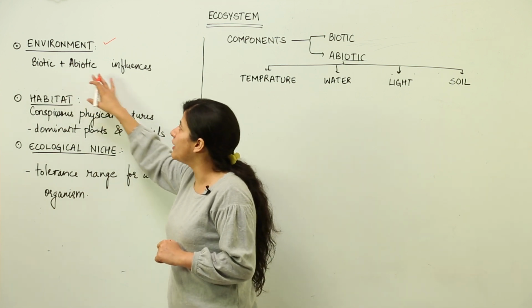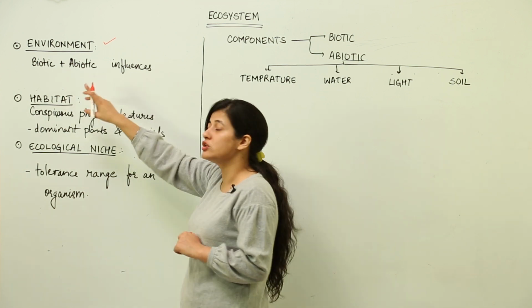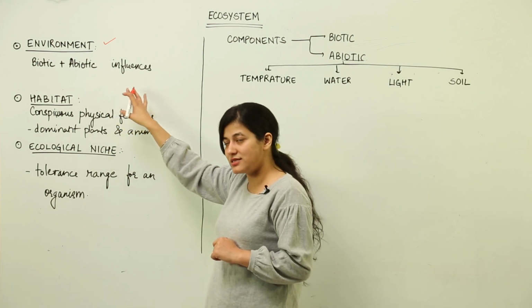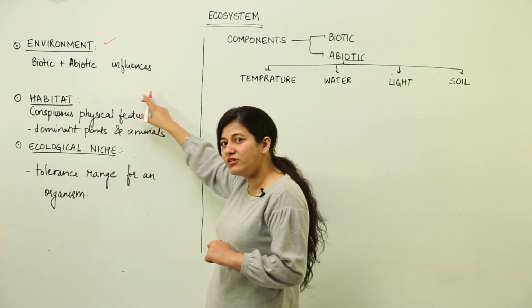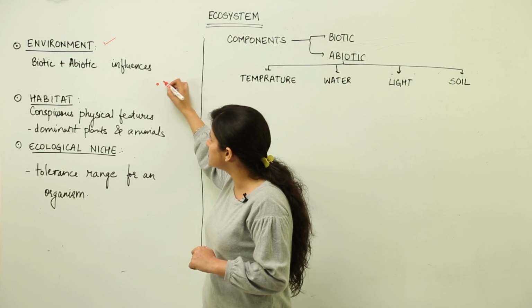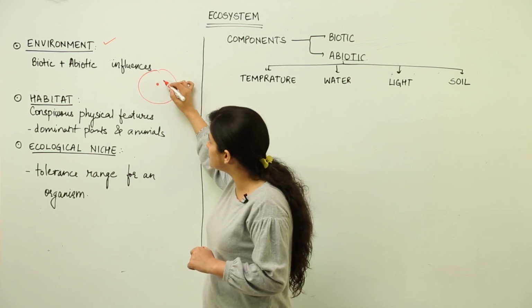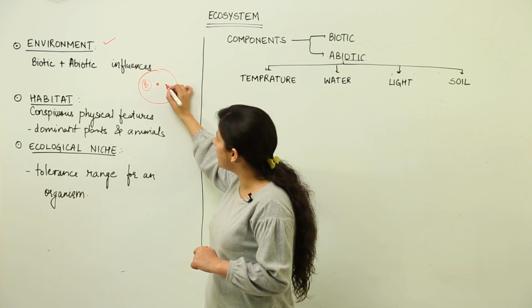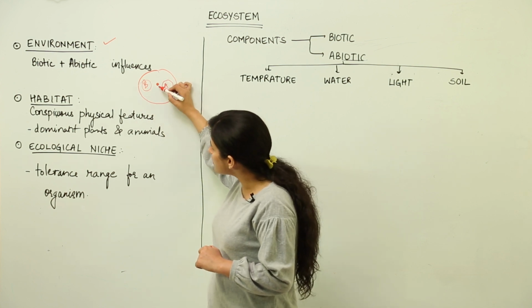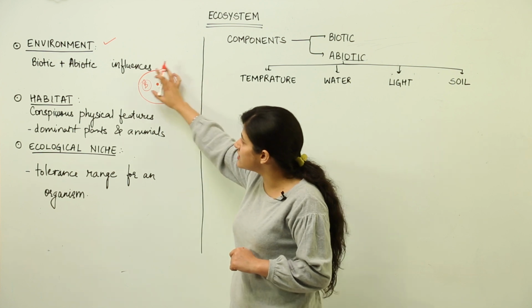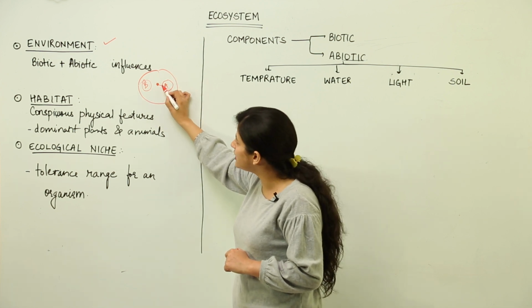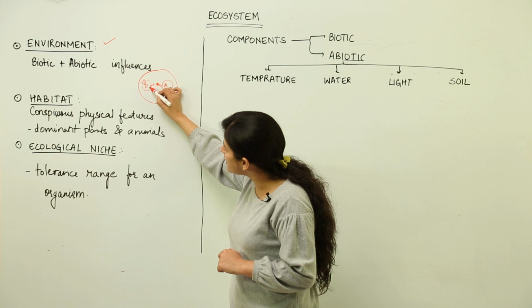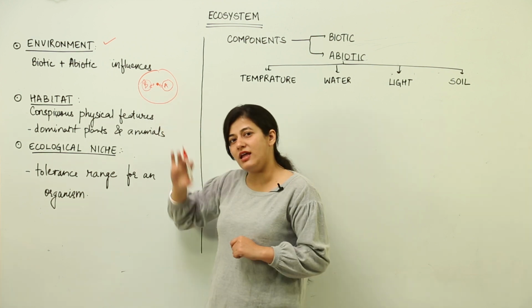So we have environment, which includes both biotic and abiotic influences for an organism. Supposedly this is an organism, this is the place where it resides, so this place would have biotic components as well as abiotic components. So this organism, in order to survive in this region, would have to interact with these, because without interaction it is not possible for any organism.